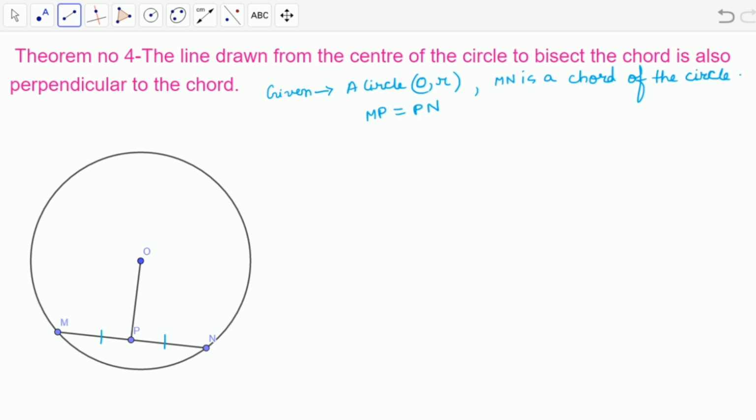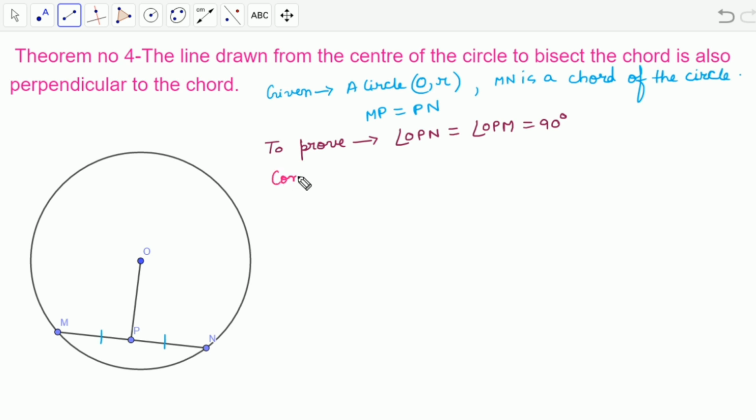Let me take a different color. Okay, now what we have to prove? To prove that angle OPN or angle OPM is equal to 90 degrees. You have to prove this.